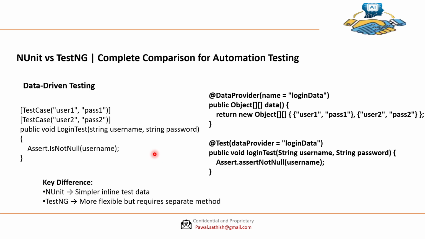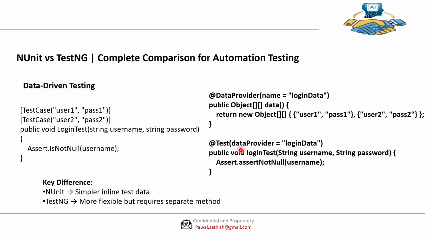Considering data-driven testing, for this test method we are sending test data, simple inline test data. Whereas in TestNG we are using the @DataProvider annotation, and it returns a two-dimensional array.